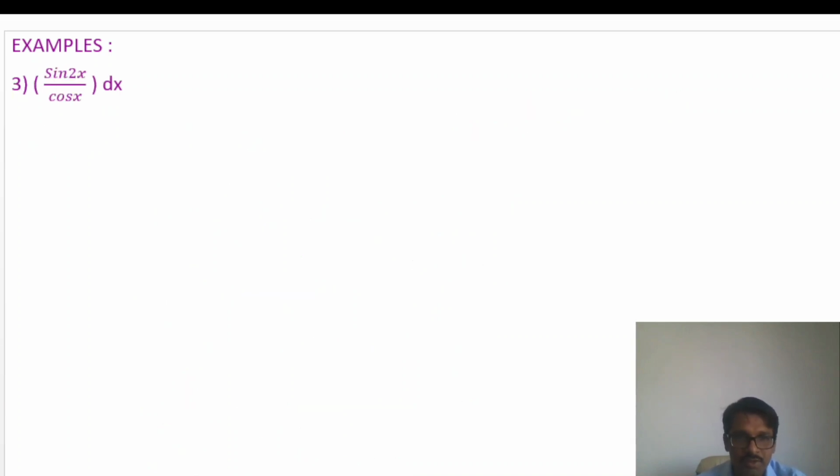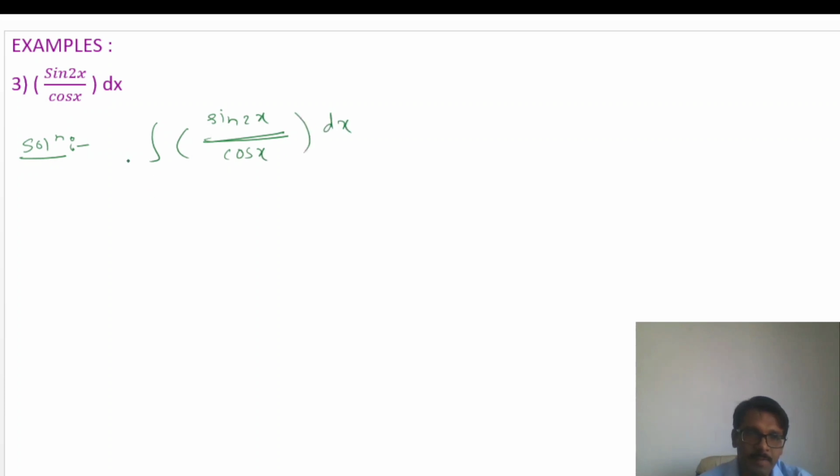Now the third example: we have to find the integration of sin 2x upon cos x with respect to x. How to find it?